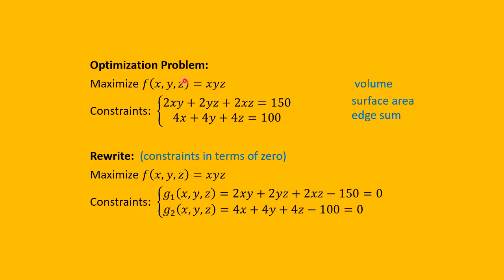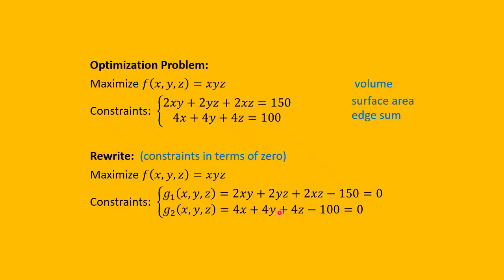We'll use this maximization statement exactly the way that it is here. But for the other two, we want to write the constraints as something equals 0 and something else equals 0. So we look at this first constraint up here. We can subtract 150 from both sides. So that'll give us 2xy plus 2yz plus 2xz minus 150 equals 0. Let's call this function of x, y, and z g sub 1 of x, y, and z.